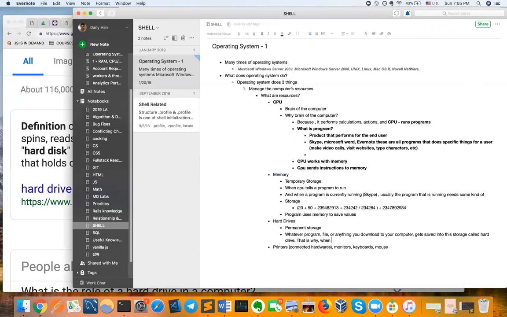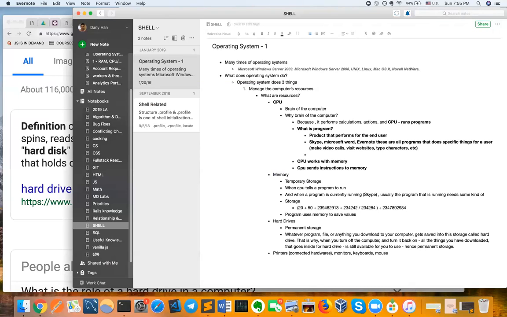That is why when you turn off the computer and turn it back on, all the things you have downloaded that go inside the hard drive are still available for you to use, hence permanent storage. But memory, for example, say I'm running a browser, and all of a sudden my computer gets turned off.